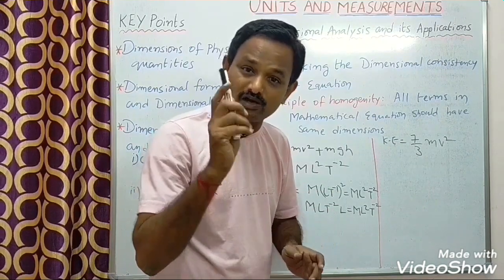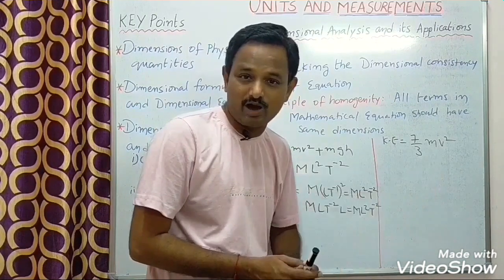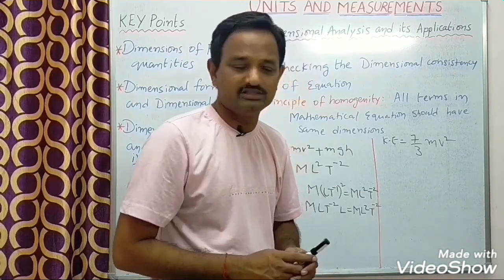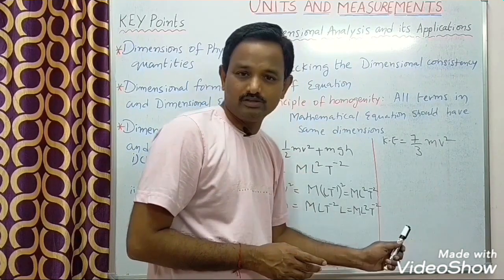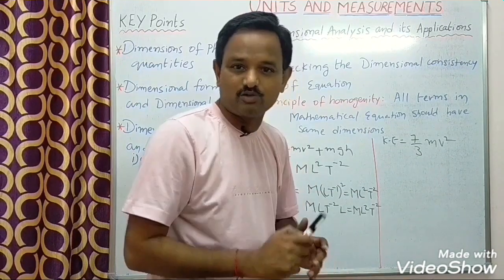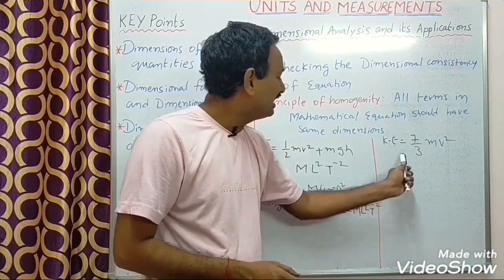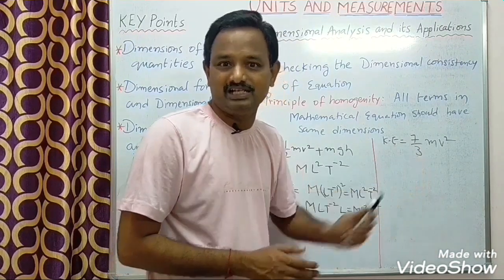According to the principle of homogeneity, all terms in the equation should have the same physical quantity. Here K = 7/3 mv^2, the LHS and RHS terms have the same physical quantity. But here it is a false equation. So it is an inconsistent equation.